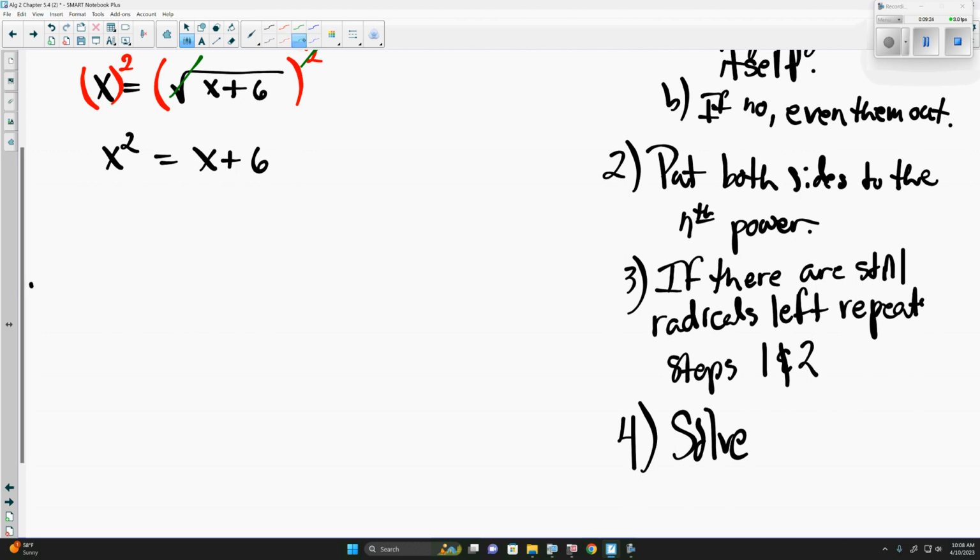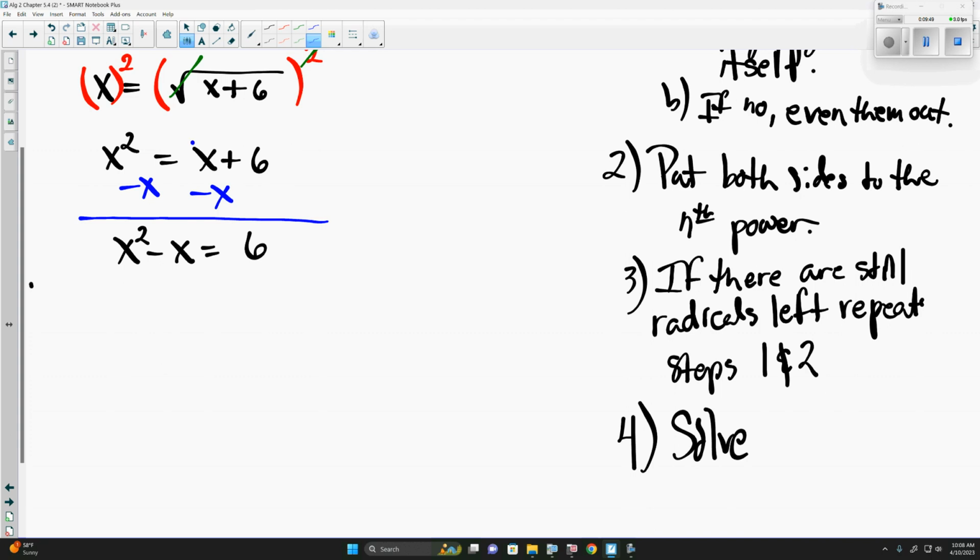Now since we do have a quadratic, an x squared term, we need to get this equation equal to 0. So we need to move everything to the same side. So the first thing we can do is subtract x from both sides. Since x squared and x are not like terms, on the left-hand side we have x squared minus x.